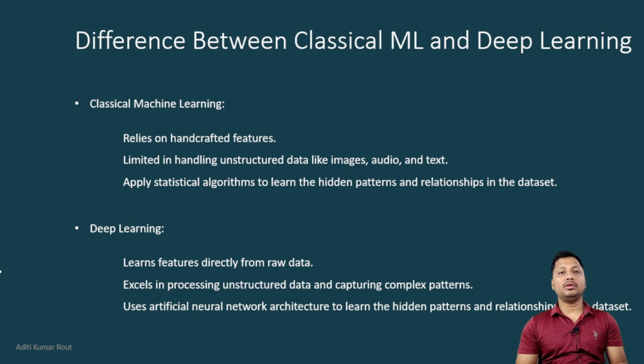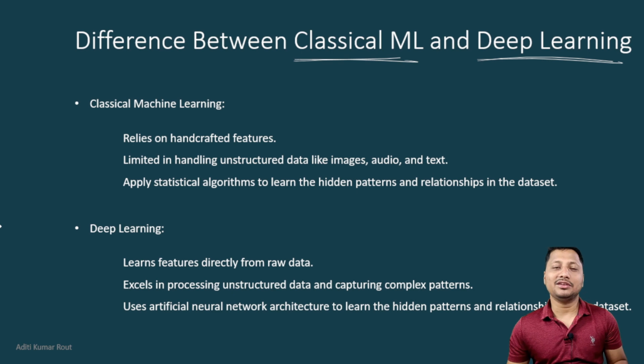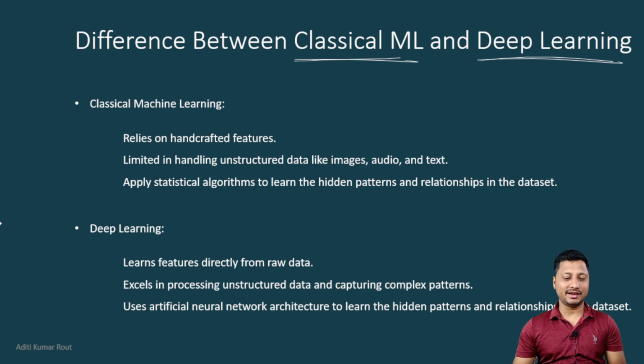If I go to the next slide, we need to understand the difference between classical machine learning and deep learning. So what exactly is classical machine learning? Classical machine learning deals with more interpretation of the data. For example, whenever I am building a machine learning model, as a data scientist or a developer, I should have a better understanding of the data.